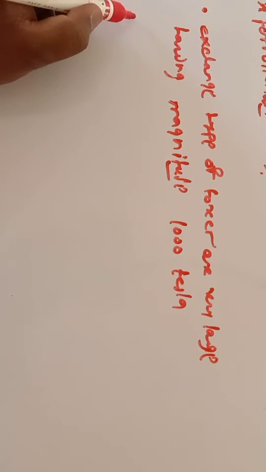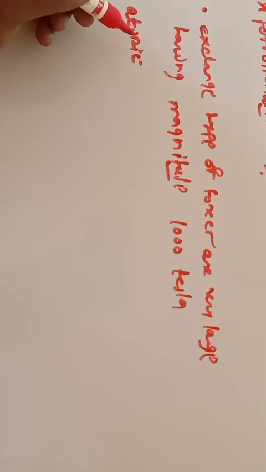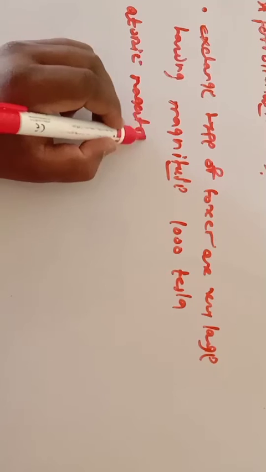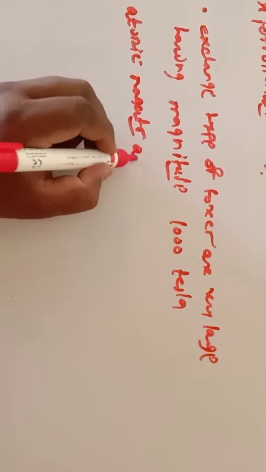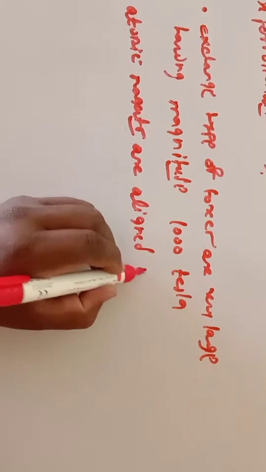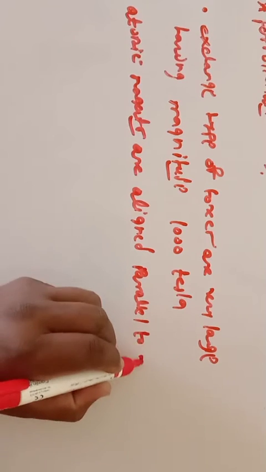Atomic magnets are aligned parallel to each other under the influence of these exchange forces. So this is very important. Due to these large exchange type of forces, the atomic magnets are aligned parallel to each other.